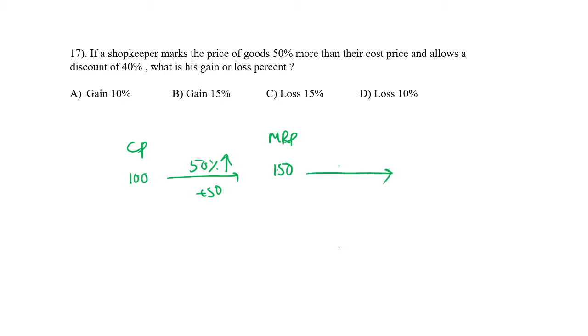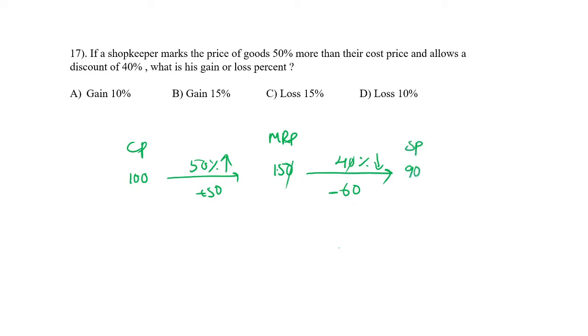Calculate discount always on market price only. So 40% discount means subtract 40% of 150 from this 150. 150 40% means what? 60. 40% of 150 is 60. 150 minus 60, what is the result? 90.